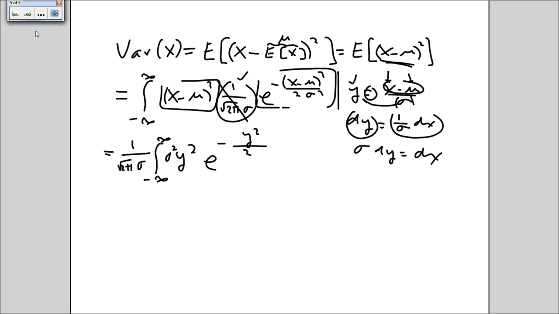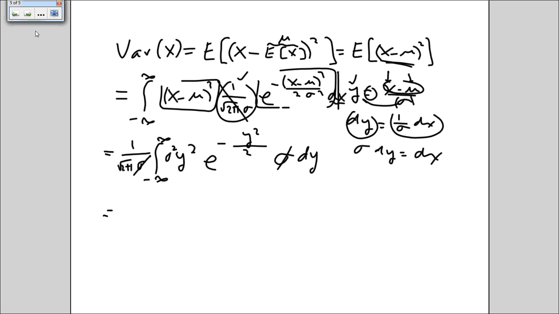Let's get rid of our side work. And like it should have said, times dx. And dx is sigma dy. Sigma times, I will cancel this sigma with the 1 in the bottom in front.